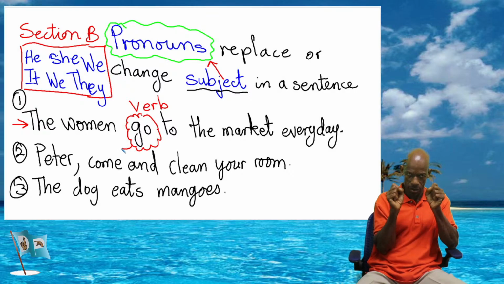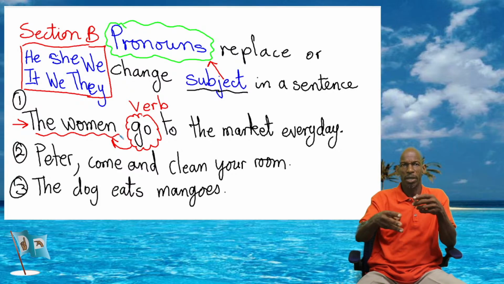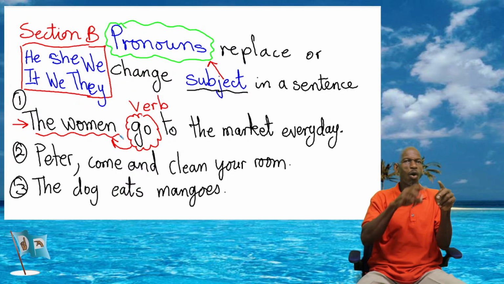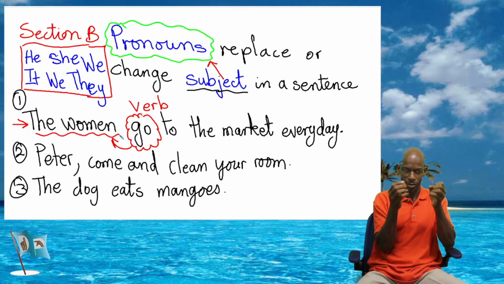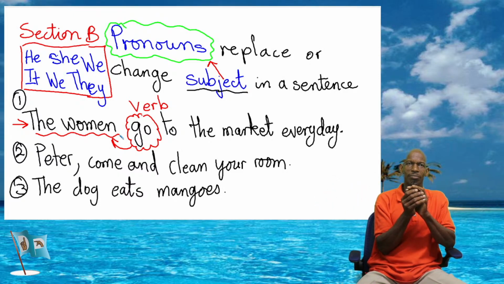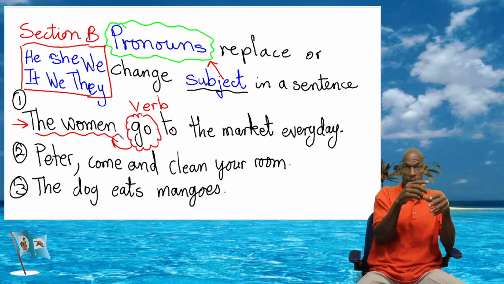And this is giving you the answer for the last section. By asking who go, we get the woman is the one doing the action. So we want to get a pronoun to replace the woman. The pronouns are listed here.